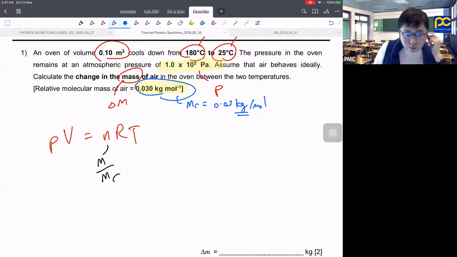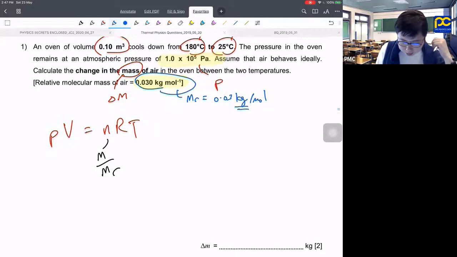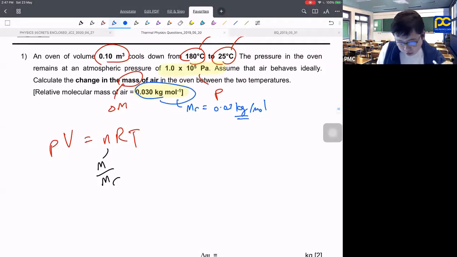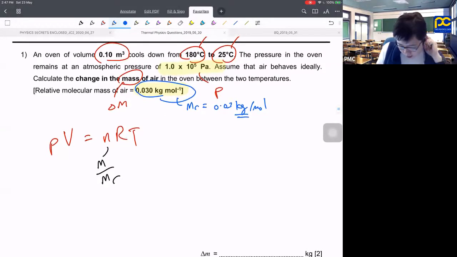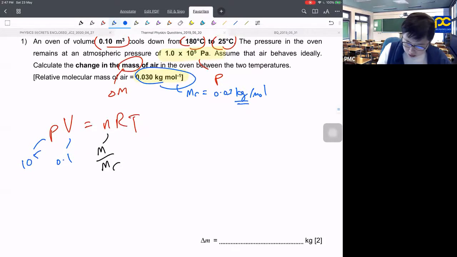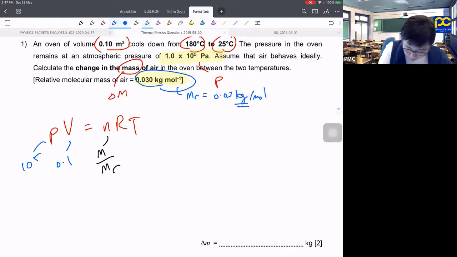What's the change in the mass of the air? Not bad, because they give you the different temperatures, and they give you the constant volume. The pressure is given to be the atmospheric pressure of 10 to the power 5 Pascal. The temperature changes from 180 degrees Celsius to 25 degrees Celsius. It cools down.